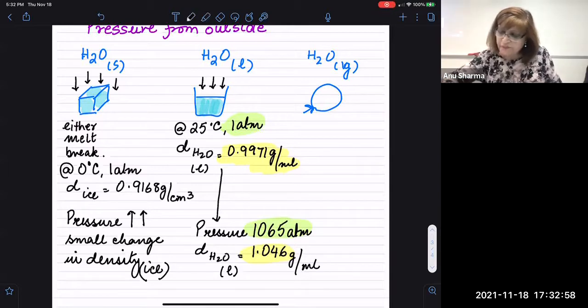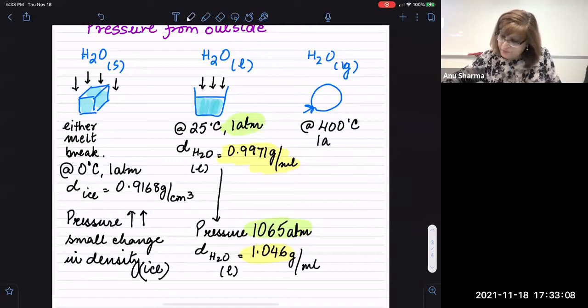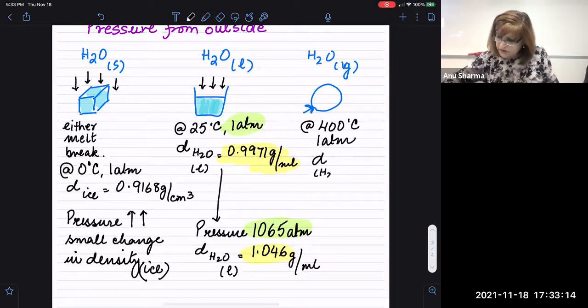But now let's look at the scenario with gases. Here we noticed earlier that at 400 degrees Celsius and 1 atm, the density of the steam, water in its gaseous state, was 3.26 times 10 to the power negative 4 grams per centimeter cube.